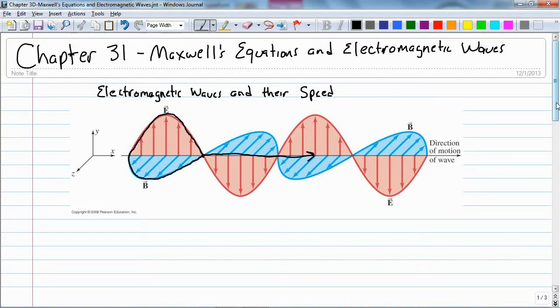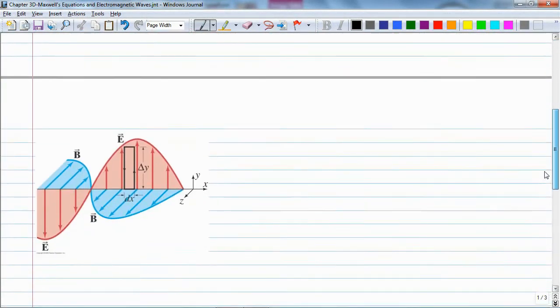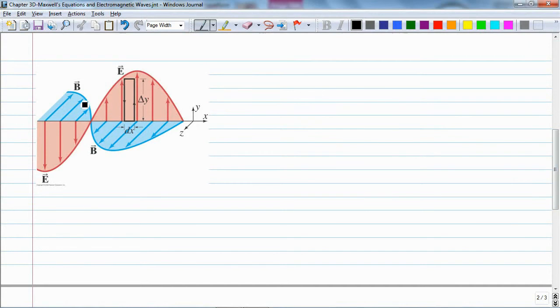Now, let's take a look at just one section, and we're going to look at the electric field and determine how we can use Faraday's law to come up with a relationship between the electric field and the magnetic field.